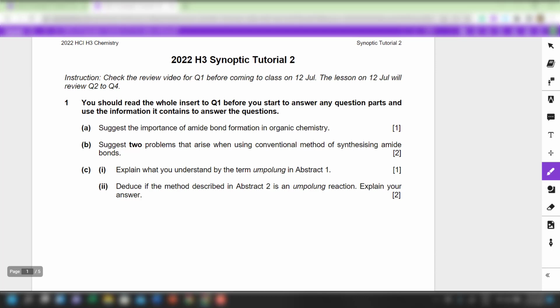So that is the importance of amide formation in organic chemistry, because they are important functional groups, moieties or linkages present in peptides, proteins, or even drugs. With that, usually the 1 mark can be gotten quite easily.